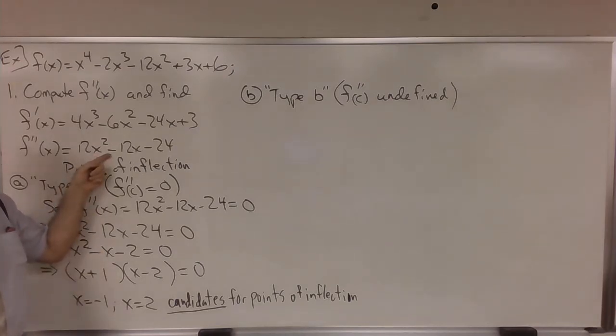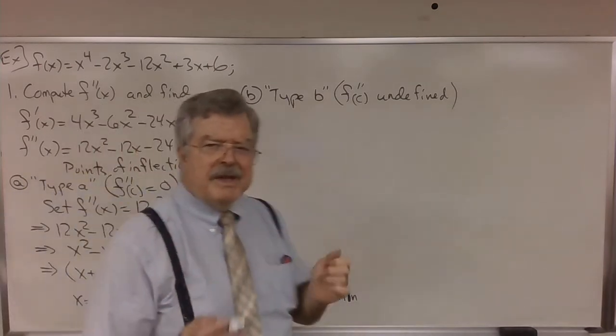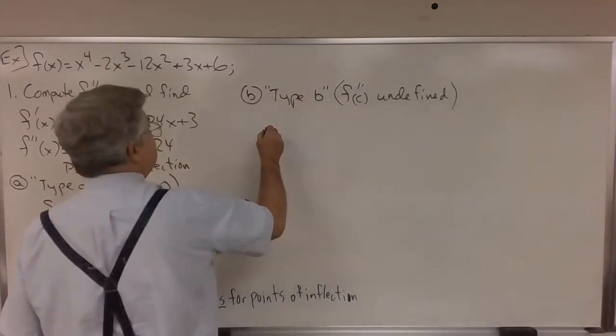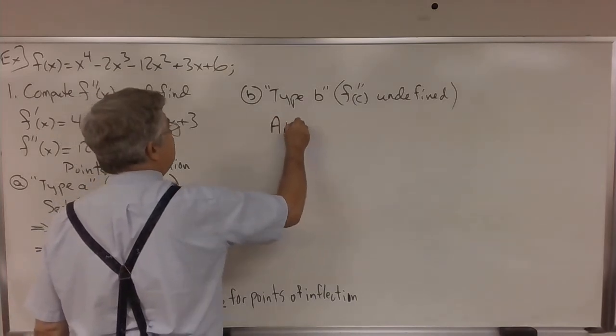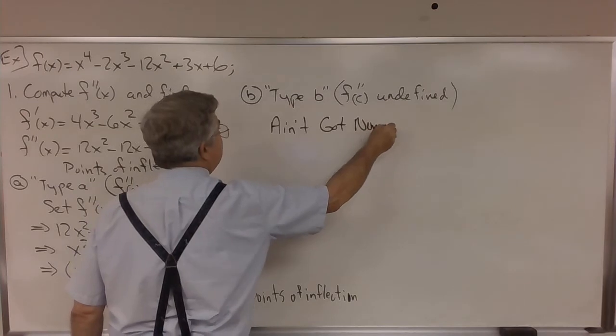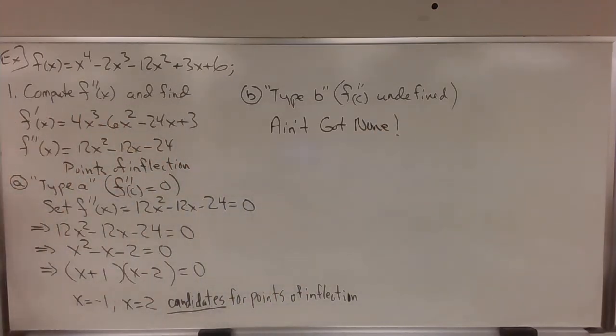There's no division in the second derivative, so there's no way that we can be dividing by 0. So for our type B critical numbers, we give it the traditional ain't got none. No type B critical numbers here.